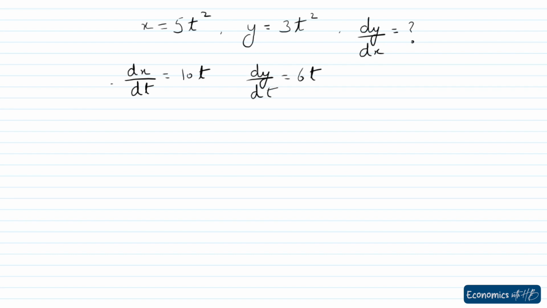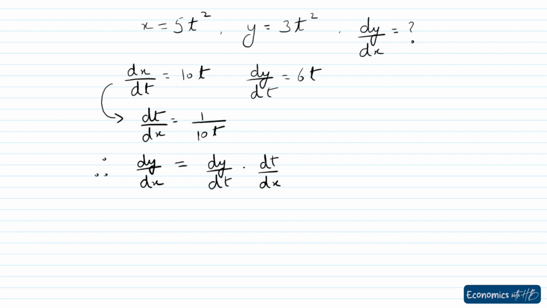So the reciprocal of this, dt by dx, is equal to 1 by 10t. Therefore dy by dx is equal to dy by dt into dt by dx, which is 6t into 1 by 10t. The t and t cancel out, so we get 6 by 10, which is equal to 3 by 5.